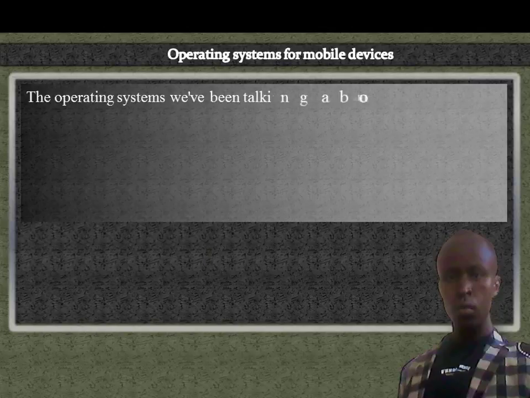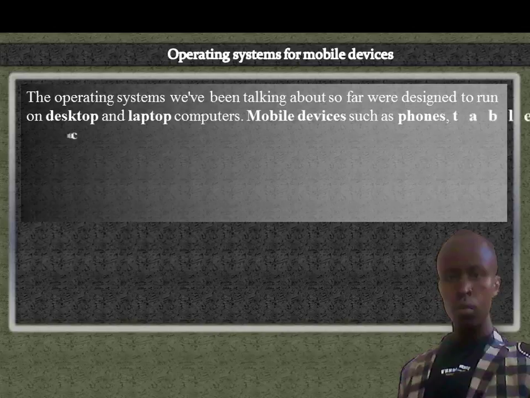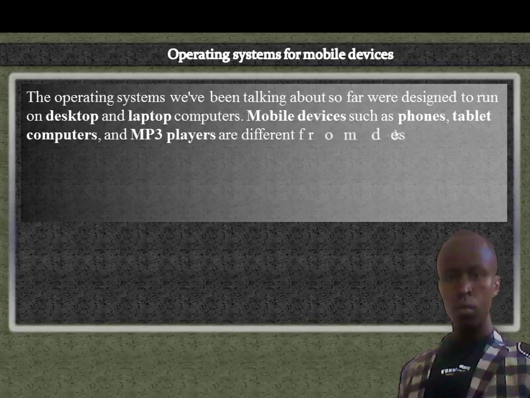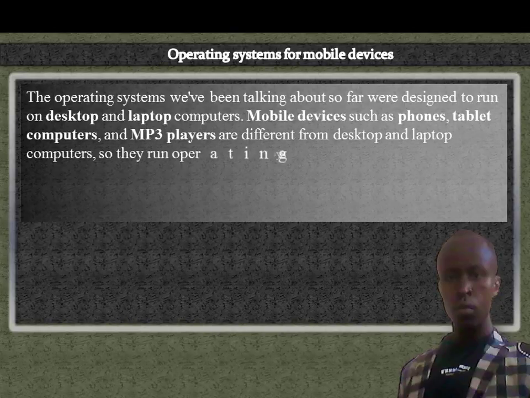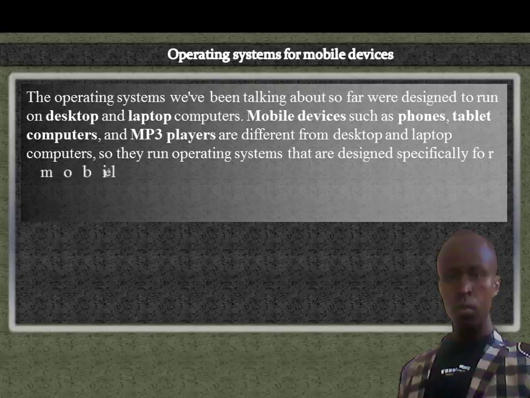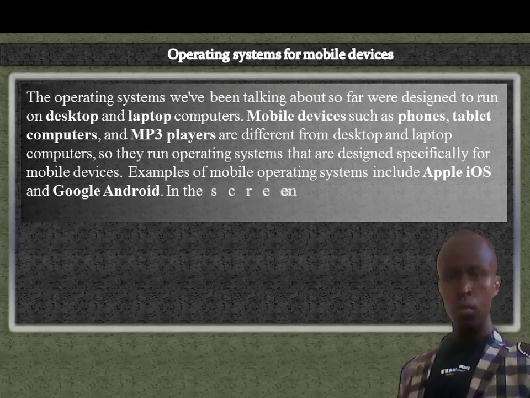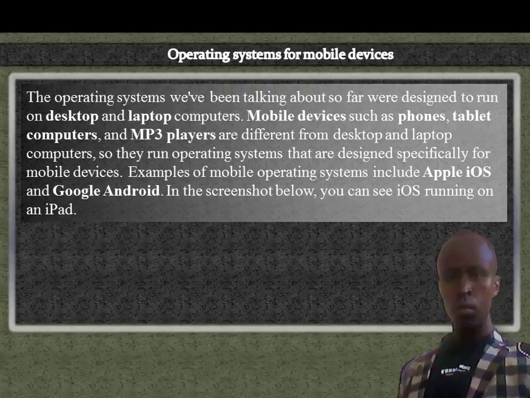We have been talking of operating systems that are specifically designed for desktop and laptop computers. However, mobile devices such as phones, tablets, and MP3 players are different from desktops and laptops. Although they are themselves computers, they have a slight difference. So they run a different operating system that is specifically designed for them.